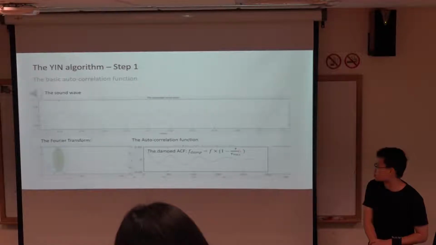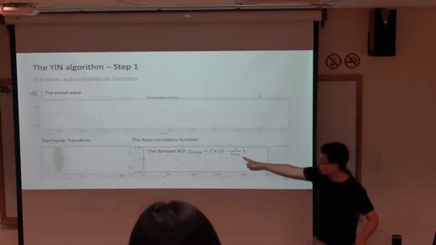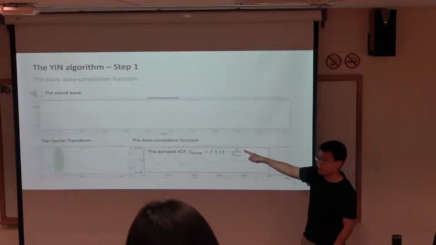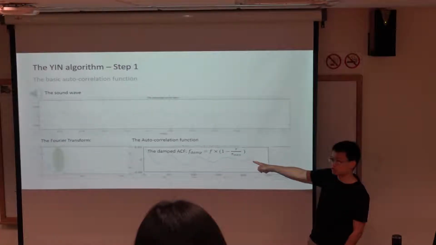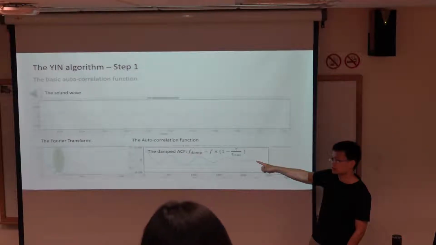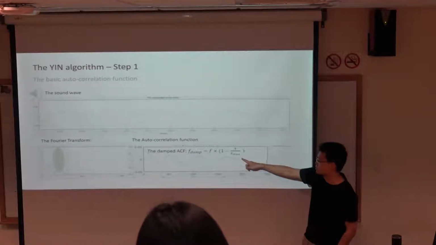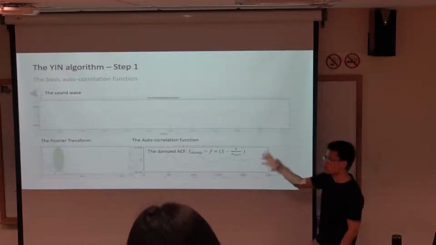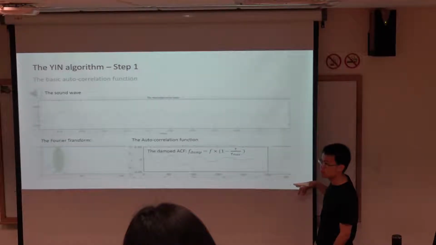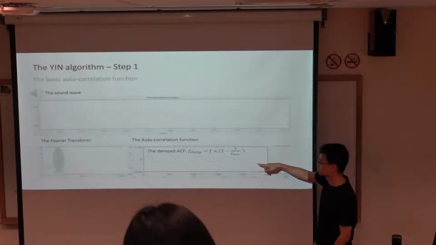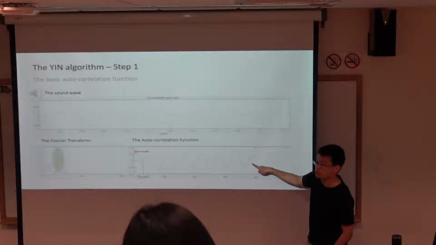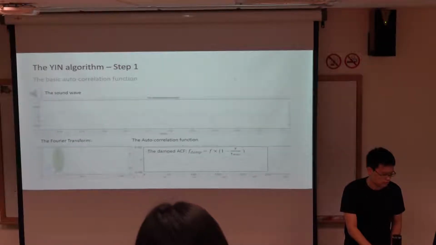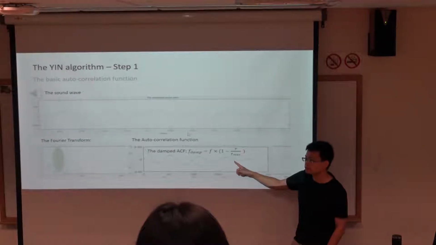After damping, when tau increases, the function will be close to 0. It's a damping coefficient: when tau increases, the coefficient decreases, and the function value will be smaller and smaller. I just multiplied a coefficient to this function, and it becomes this, right?